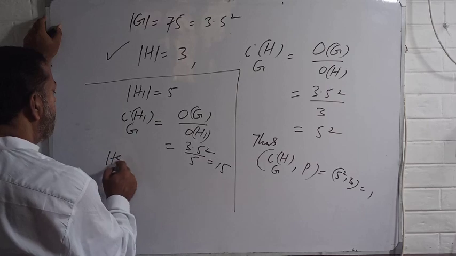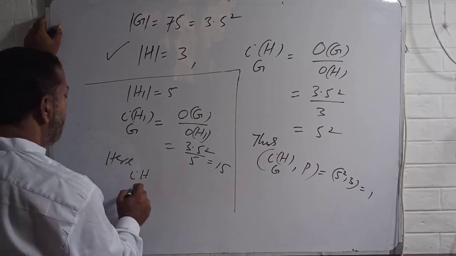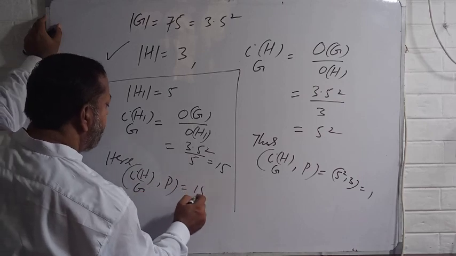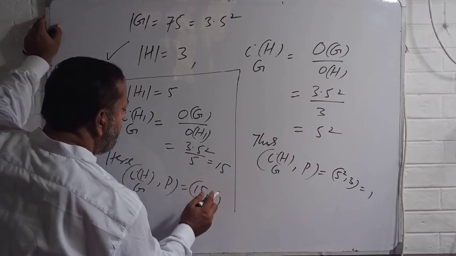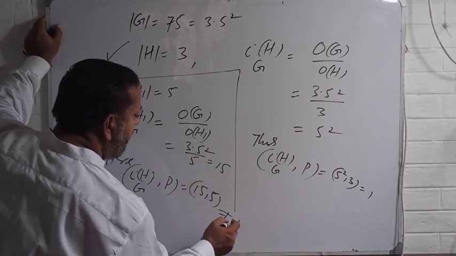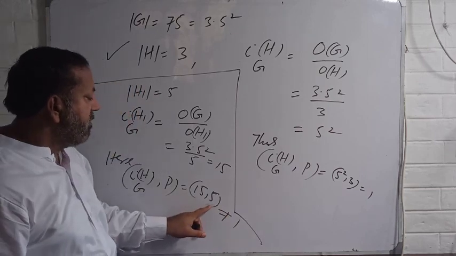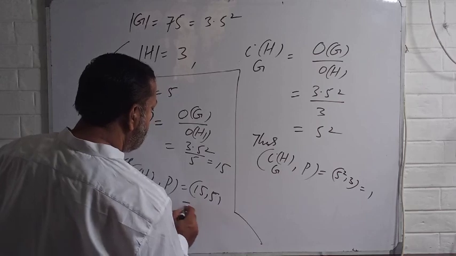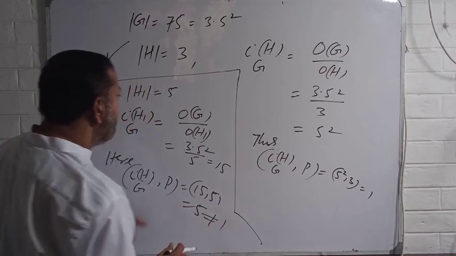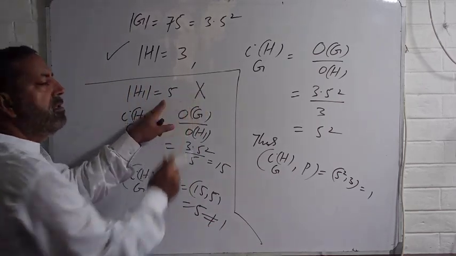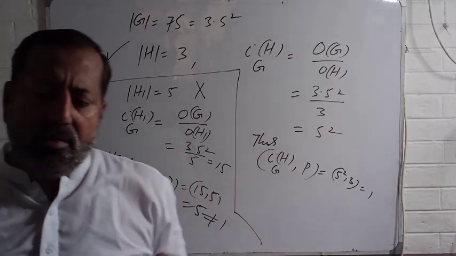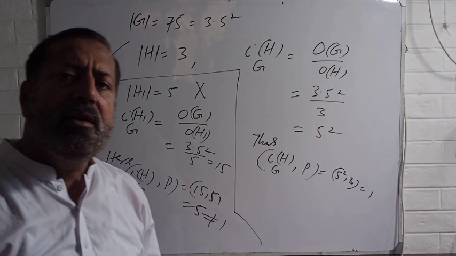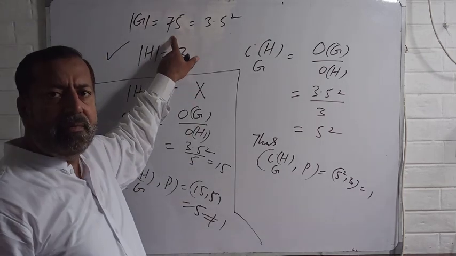And here the index of H in G with P is 15 and 5. This is not relatively prime, because 5 is dividing 15, GCD is 5, which is not equal to 1. So this is not a Sylow 5 subgroup. You cannot have a Sylow 5 subgroup of order 5 in a group of order 75.